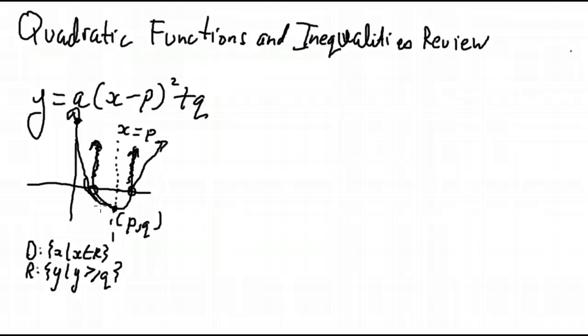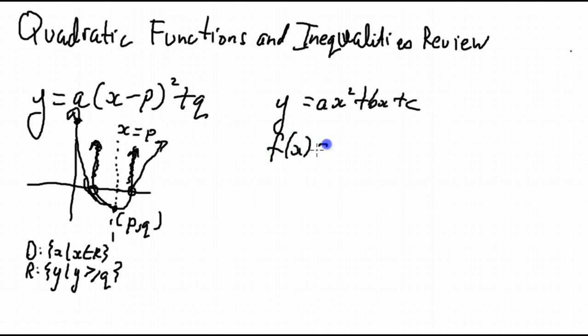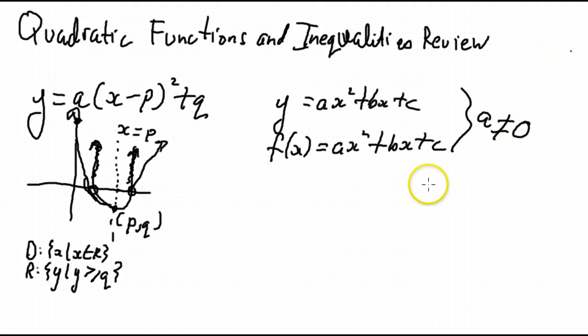An important part of doing any of this stuff is to take a look in the book and look at page 173 for the key ideas, which define the standard form function of a quadratic equation, which is y equals ax squared plus bx plus c, or in function notation, f of x equals ax squared plus bx plus c, with the proviso, of course, that a cannot be 0 in order for us to have a quadratic, to have the x squared term.